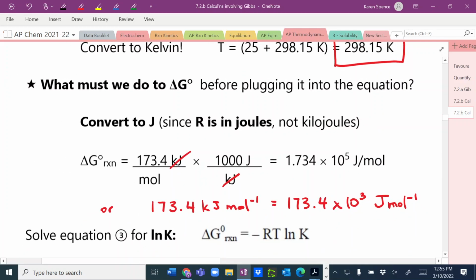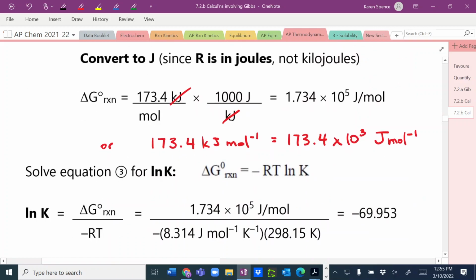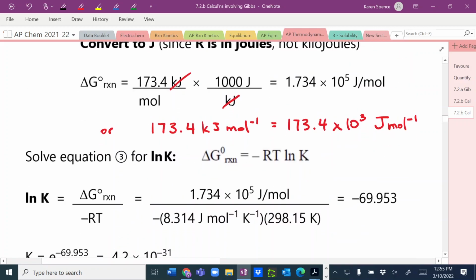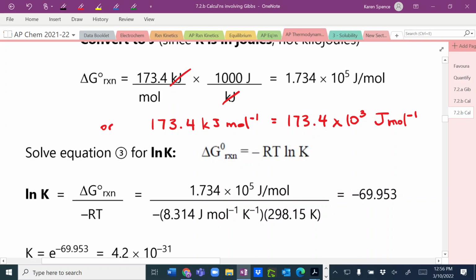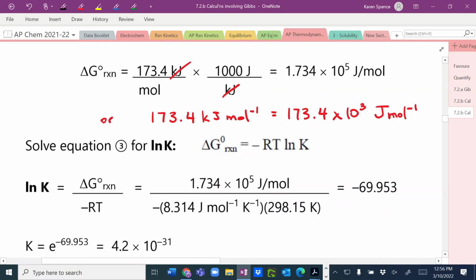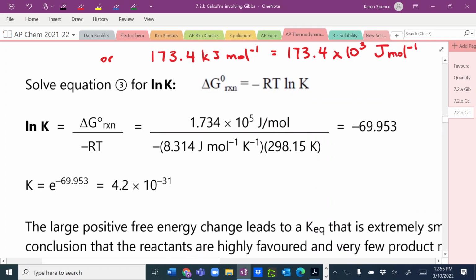So, solve for ln K, or you can solve for K, but because it looks a little ugly, I'm just going to solve for ln K, and then I'm going to plug it into e to the x. So this is ln of K. And again, do you need to write in all your units?